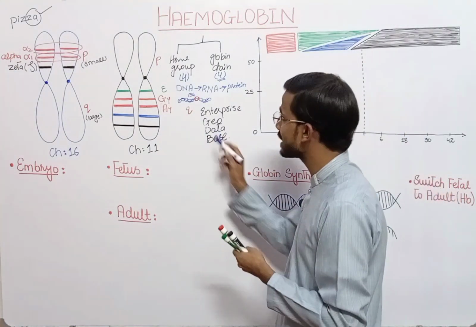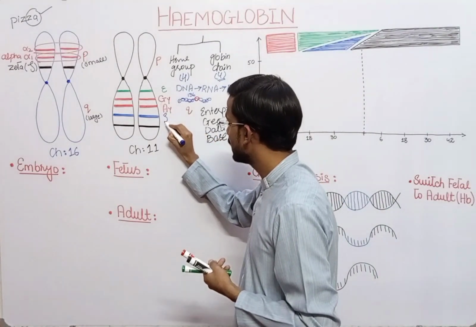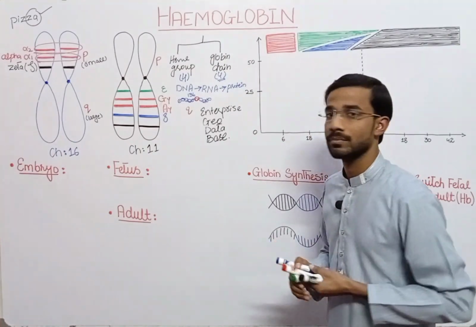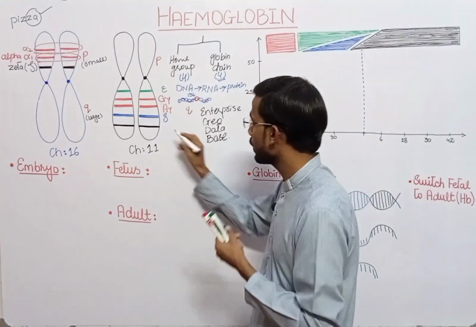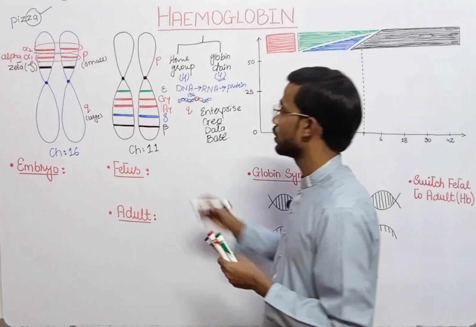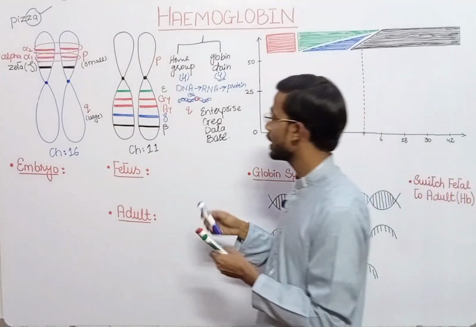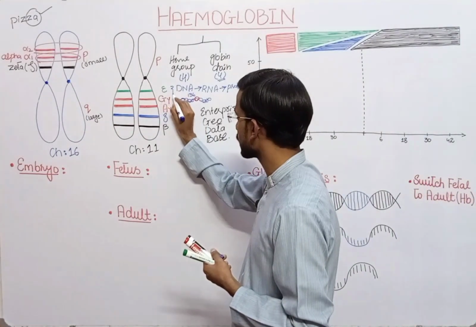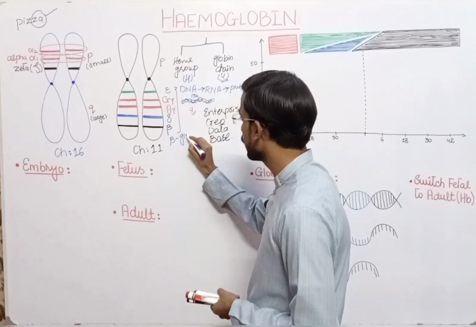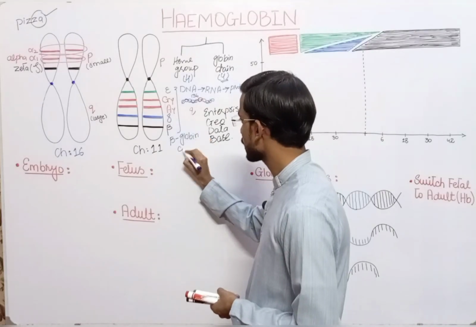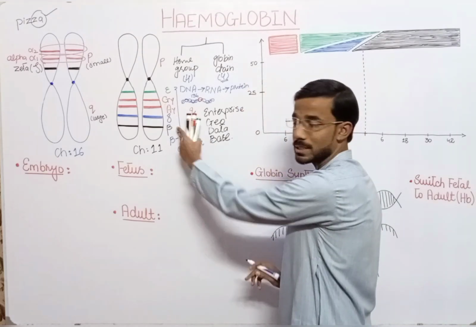And next, D stands for delta. And last one is B, which stands for beta. So they form a cluster, and this cluster is called the beta globin cluster on the basis of the presence of beta genes.